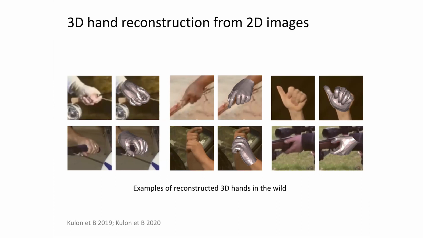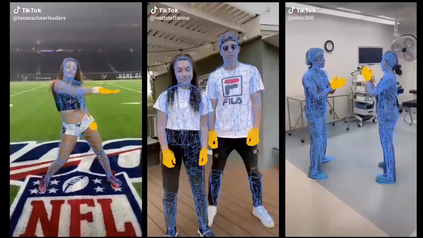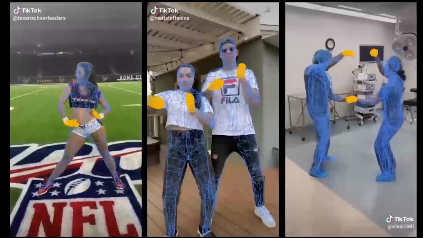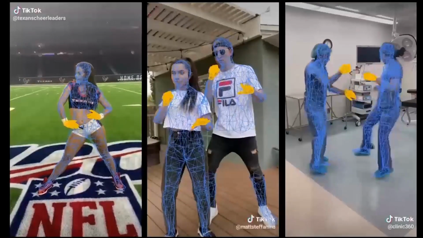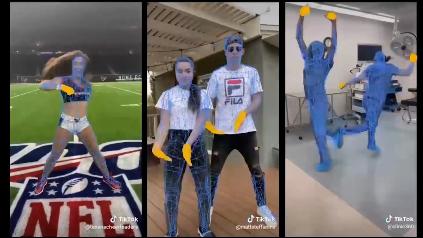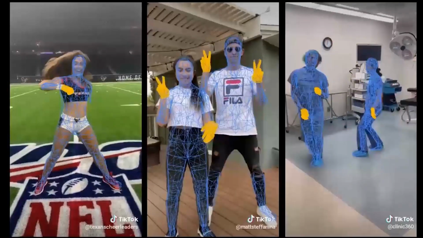So you see that the prediction of the hand shape and pose is very accurate. This was a work by my PhD student, Dominique Kulon, in collaboration with a British startup, Ariel AI. And you can see here that it allows to build a 3D avatar, very detailed, with detailed hands and body shape, that is actually extremely efficient and can be run on your cell phone.